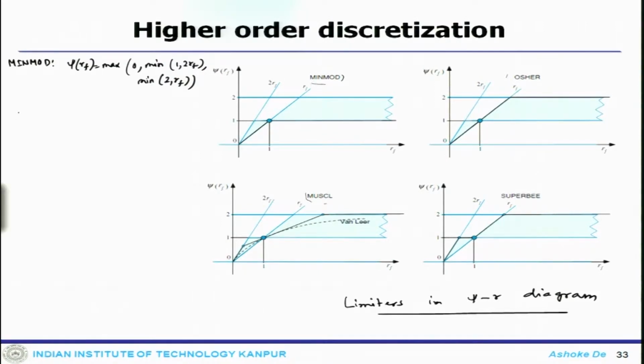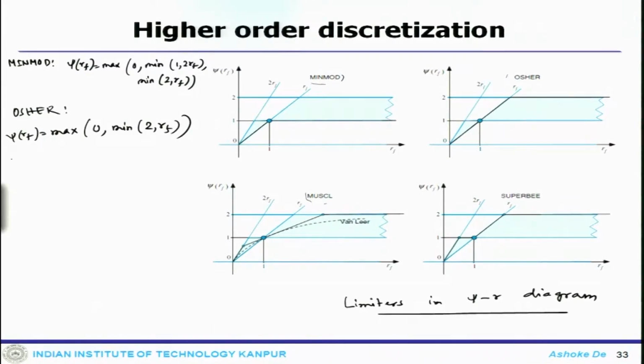Then similarly, the Osher limiter. For Osher, psi RF is the maximum of 0, minimum of 2 and RF. So, it takes 0 and the minimum between 2 and RF.